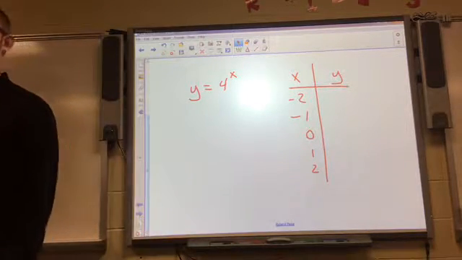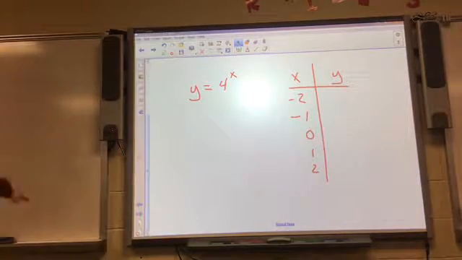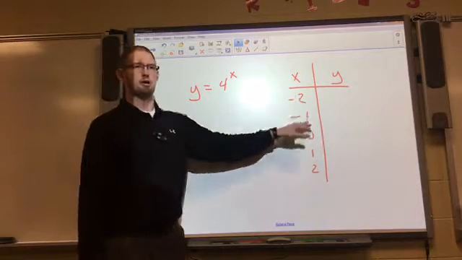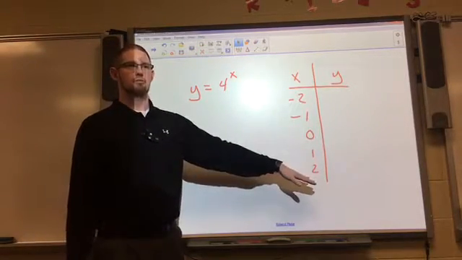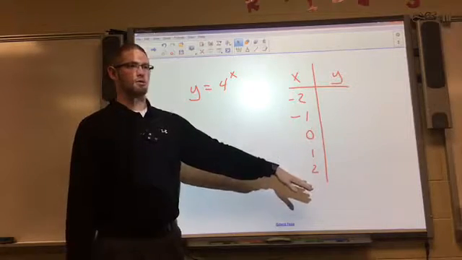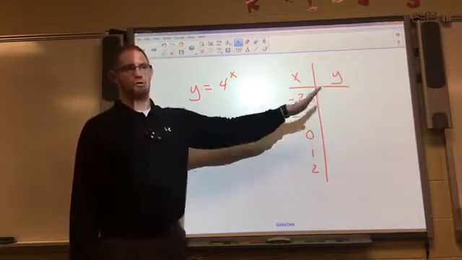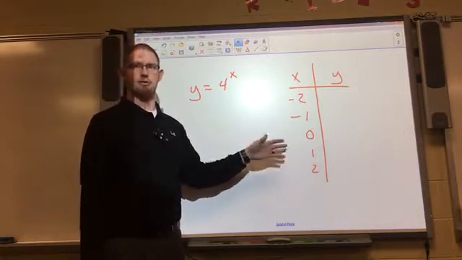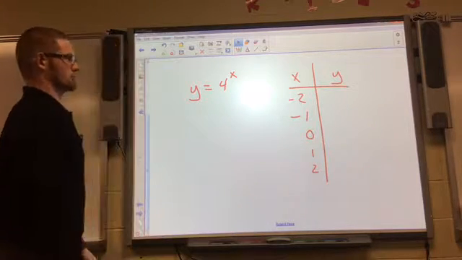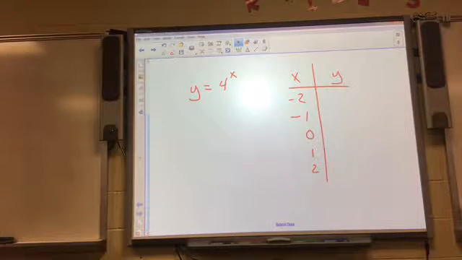You will run into times where you have to alter these numbers to get more points on the graph or a better looking graph. That's okay, it's not a problem. Just be aware that you might have to do that.